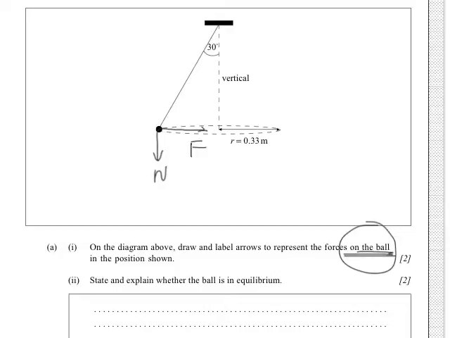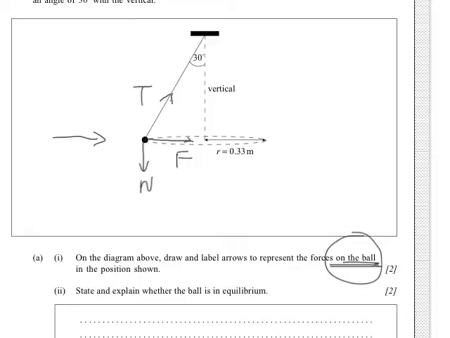And of course the string is pulling up. Now this really illustrates the need for thinking about the ball only, because if we consider only the ball, then the string is pulling up. Okay, so we have three forces acting in these directions: T, F and W.